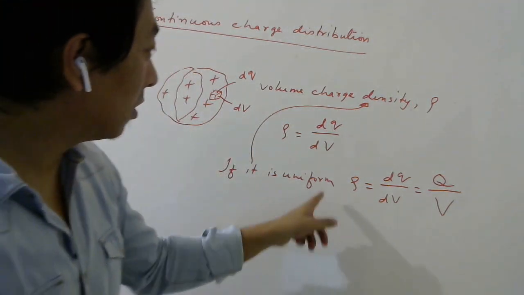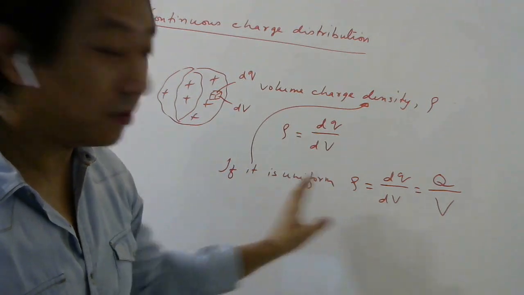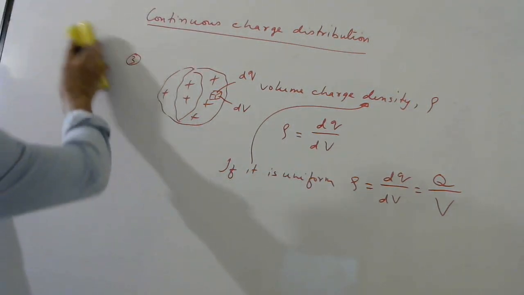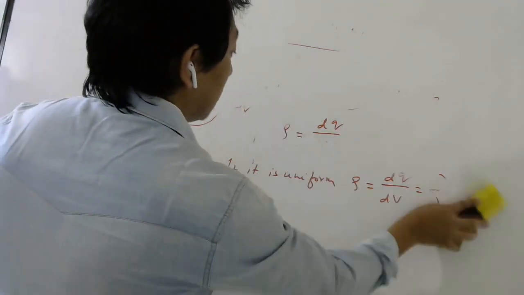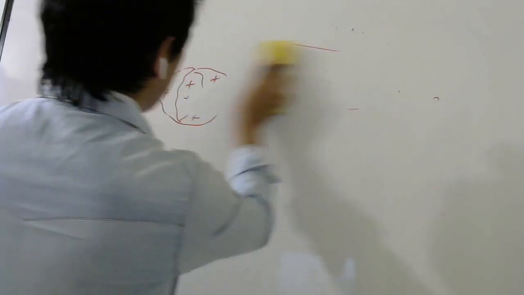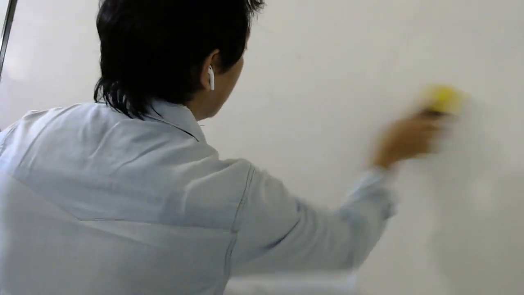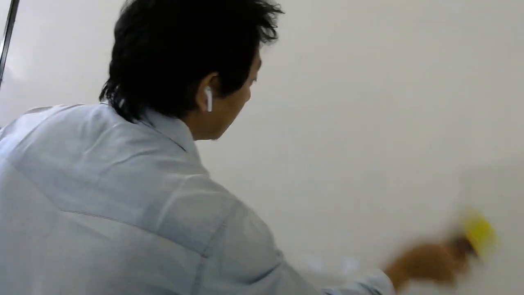So if it is uniform distribution, you can use either this or this. Fine. So this is how first we have learned how to write charge for linear charge, surface charge and volume charge distribution.